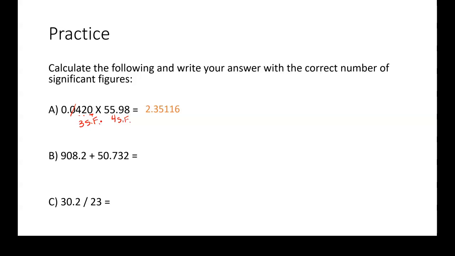So then I need to round my final answer to 3 sig figs. And so I do that by looking at this number here. I see that it is a 1. So it is between 0 and 4. So 2.35 is my answer. And now for this one here, I see that it's the 10th place.